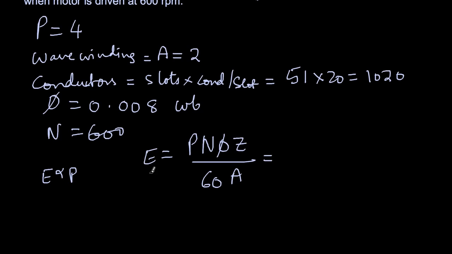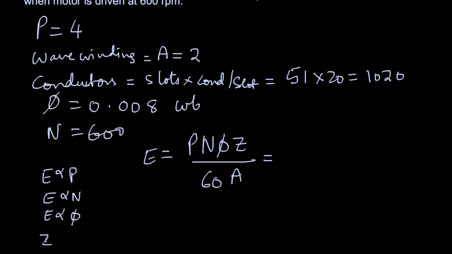Similarly, N is the speed. If I rotate faster, I can generate more EMF because of d phi by dt. So E is proportional to N. Of course, E is also proportional to flux: more flux linkages mean more EMF can be generated.